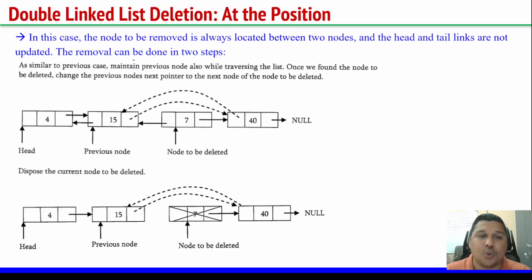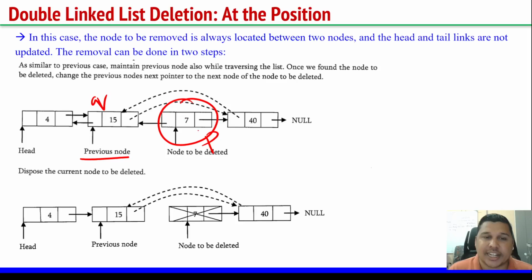So let us see how the deletion happens for a double linked list at a given location. Same thing here. I have to maintain two pointers, one is Q, the other is P. I have to reach that position, that is P. Why do I need this? Because I want to delete this.